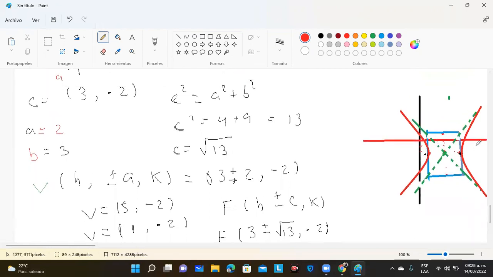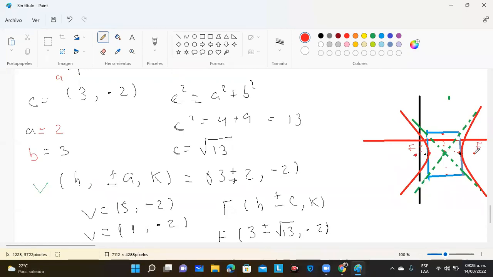So we are going to go a little more than 6 units to the right from the center. So 1, 2, 3, 4, 5, 6, like here. And the other one to the left. So it's going to be 3 minus 3.6, so it's going to be very near to the y-axis. Okay, here we have the foci.